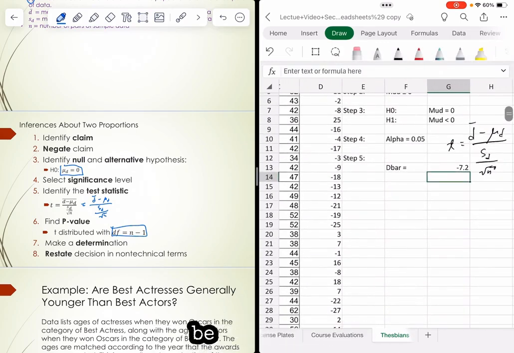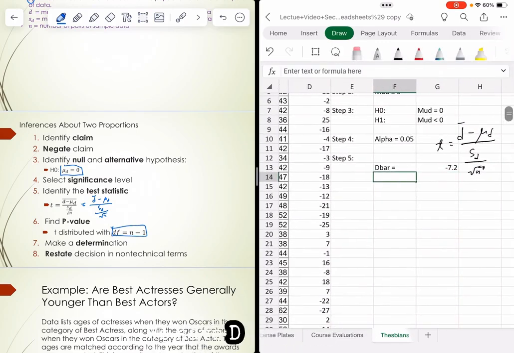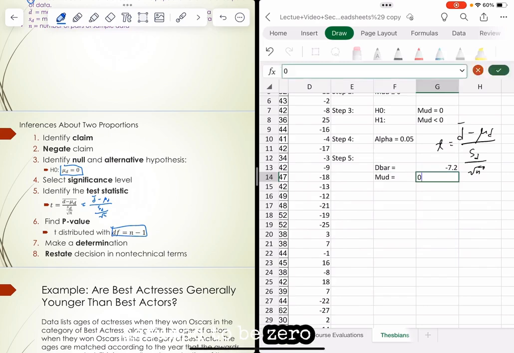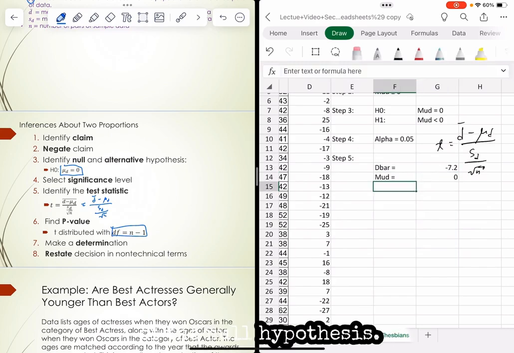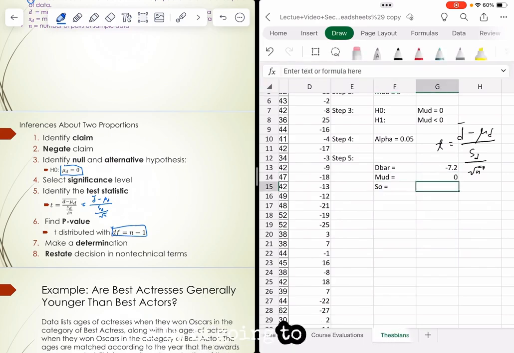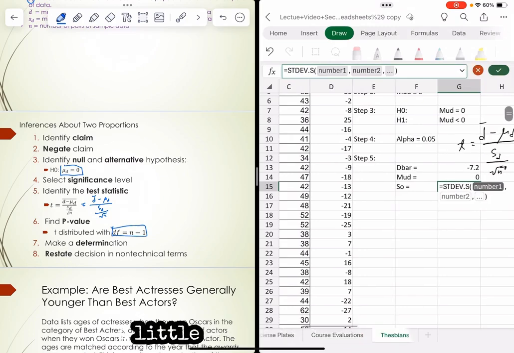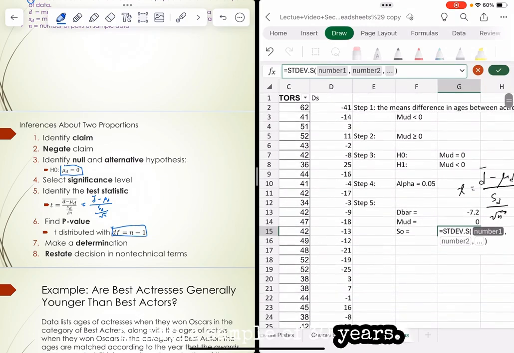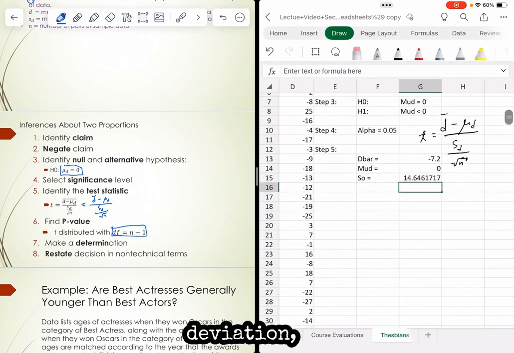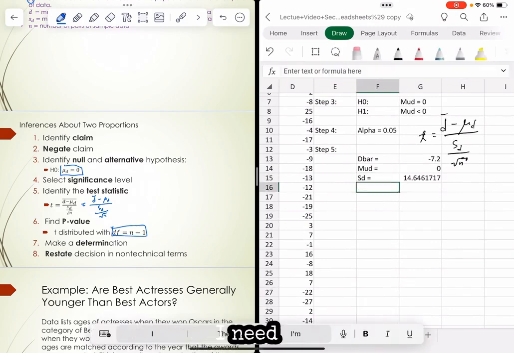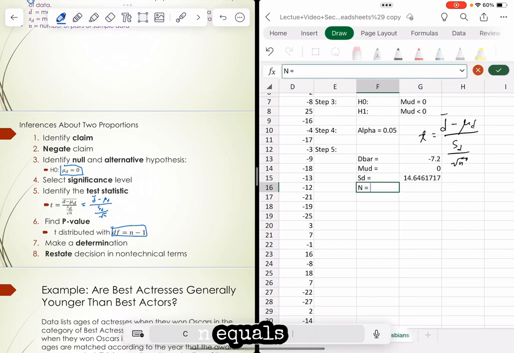Yours will probably be different, I don't know. We have d bar, and mu d is assumed to be 0 because of the null hypothesis. S d is going to equal STDEV.S, because ours is a sample, a little sample of 30 years. There's a standard deviation, s d. I need n. N equals 30.